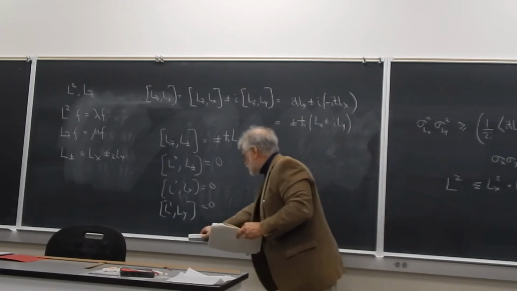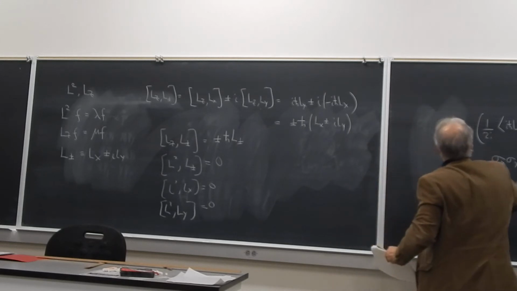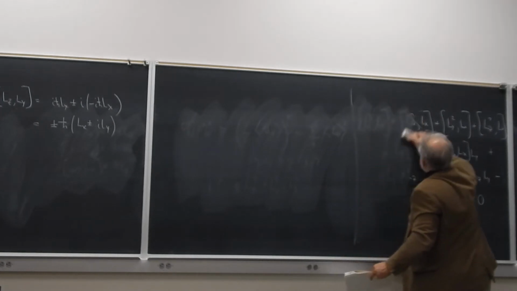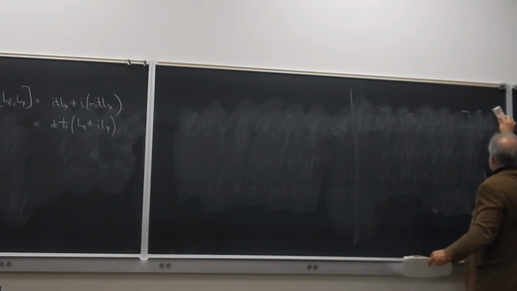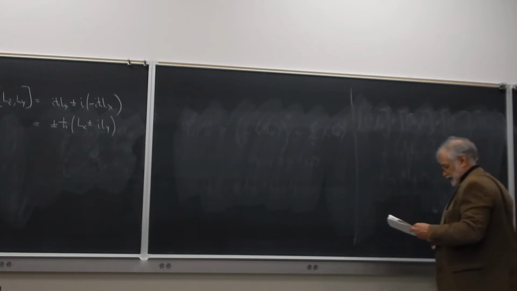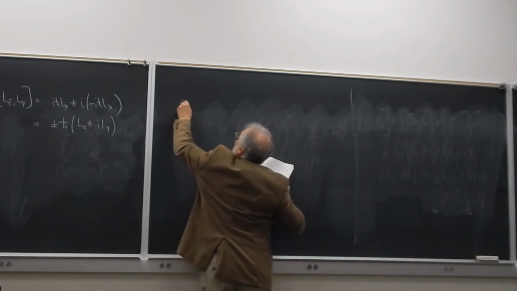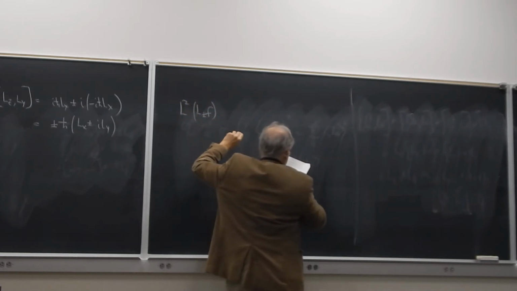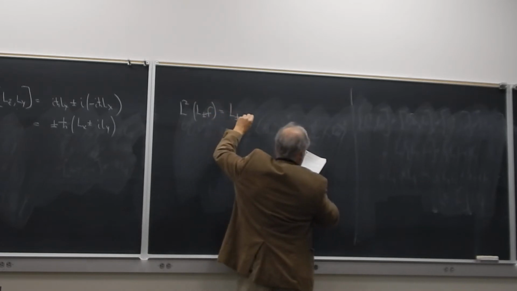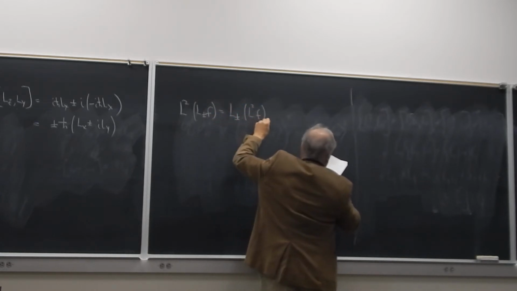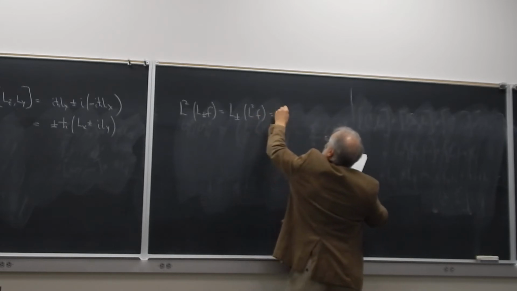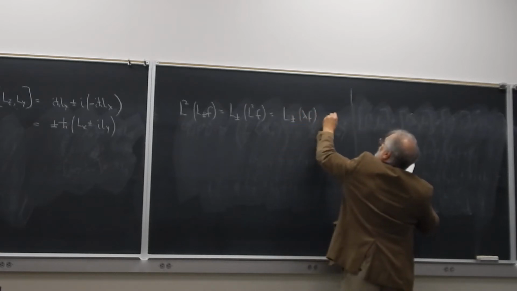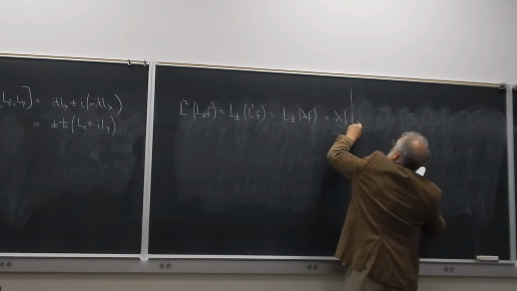Do I know that? Let's see. L squared applied to L plus/minus f gives me L plus/minus L squared f, which is equal to L plus/minus lambda times f, which is equal to lambda times L plus/minus f.